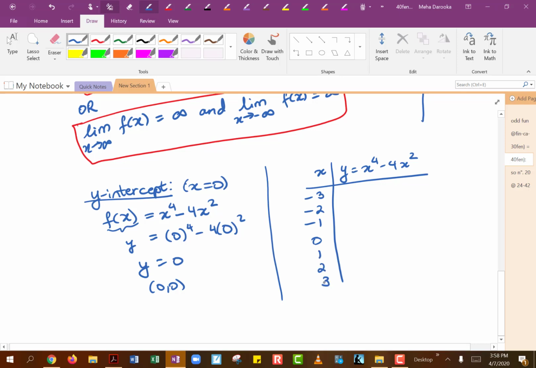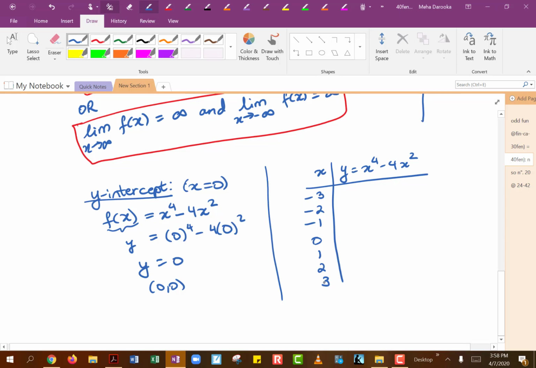So these will be of course our x values. So put these in your function, and again you can use a calculator or do it by hand, and then let's see what kind of y values we are looking at.